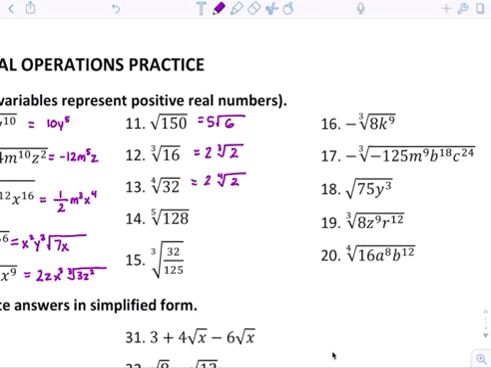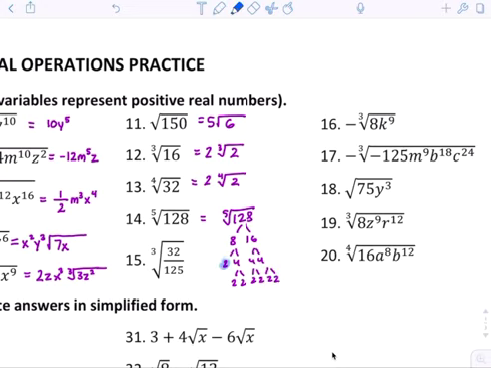Okay, 14. We got the fifth root going on here, which means we gotta find a group of 5. So we're gonna get, I'll just do 8 and 16, 2 and 4, 4 and 4, 2, 2, 2, 2, 2, 2.